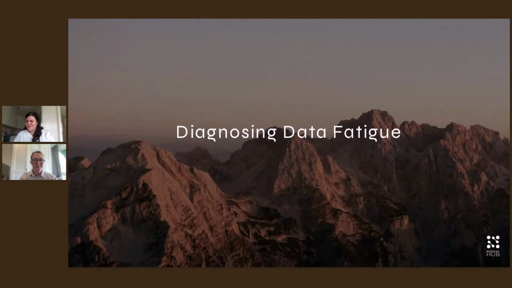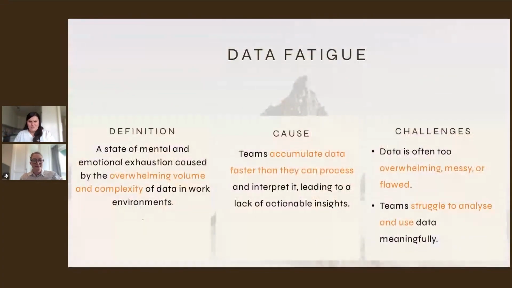Perfect. Yes, let's begin with the basics, I think, to define what this is and how to avoid it as much as possible. The definition of data fatigue is this state of mental and emotional exhaustion that is quite overwhelming for users, and that basically causes decision paralysis. You don't know how to move forward. You don't know what it means, and it makes the user not as effective at their job, and it can actually harm their well-being.